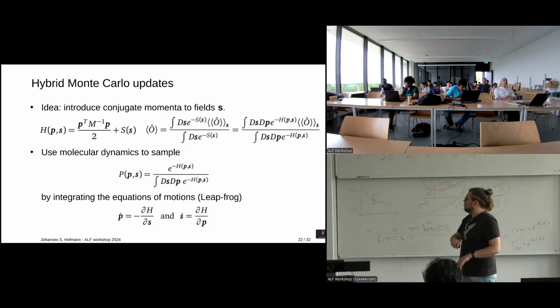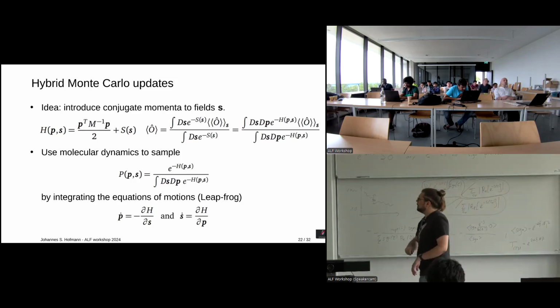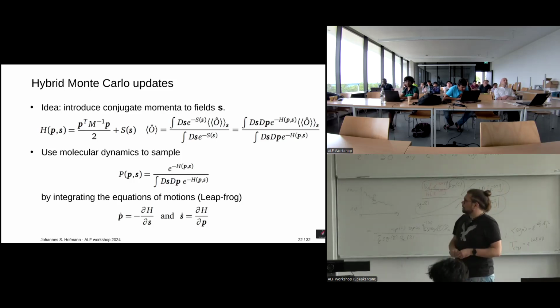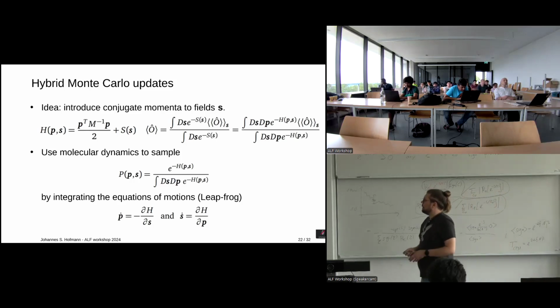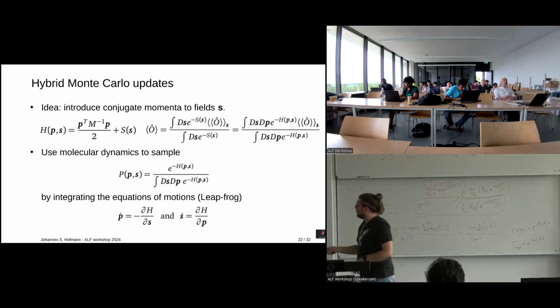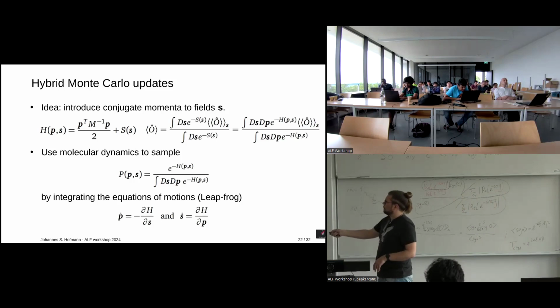I know that I'm brief, and this will be even shorter. For hybrid Monte Carlo, the idea is you take the original action, the original weight S here, and you supplement this with conjugate momenta, so that you have a Gaussian in the additional momenta.